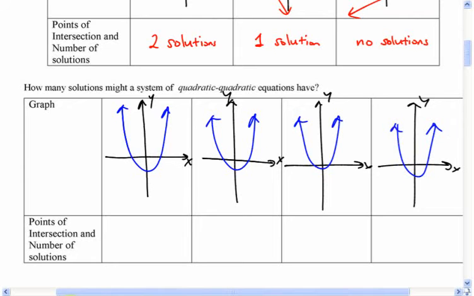I could have something like this, or something like this, or something like this, or something like this.